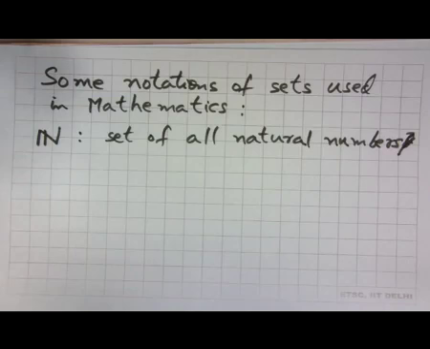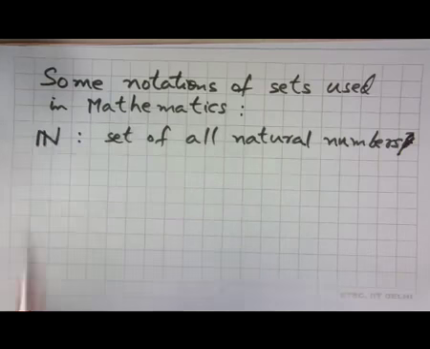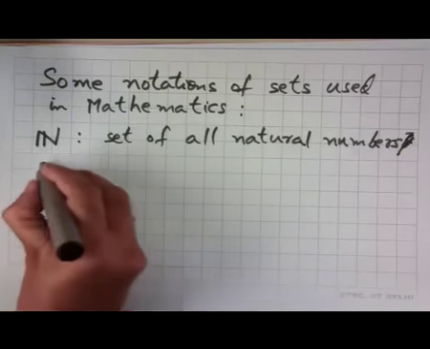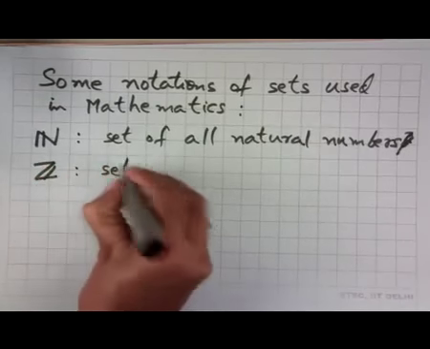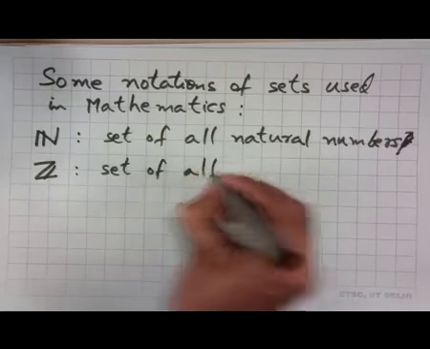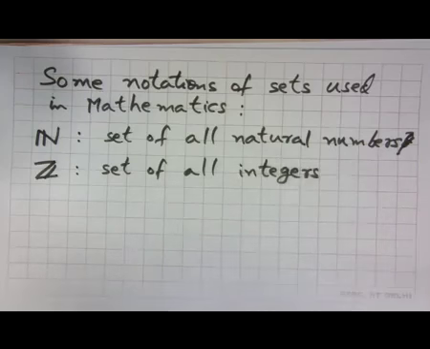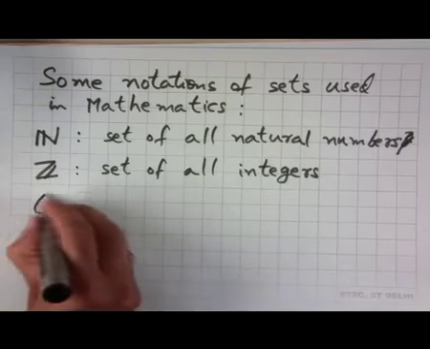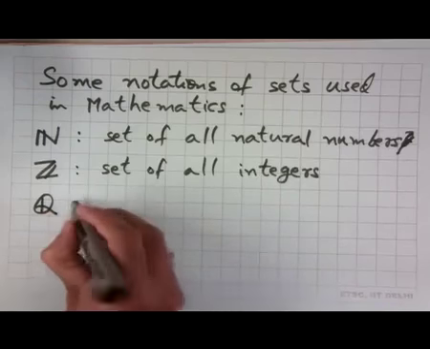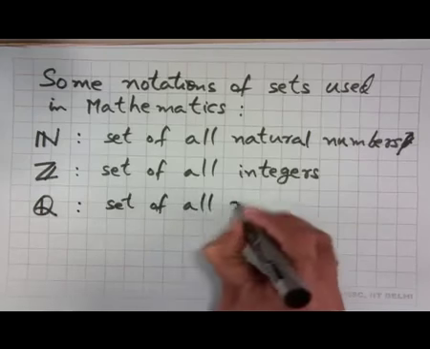The set of all natural numbers is represented by this capital N with one more vertical line here. Similarly, we represent by Z the set of all integers. This includes positive, negative and 0, all natural numbers. We will denote by Q the set of all rational numbers.